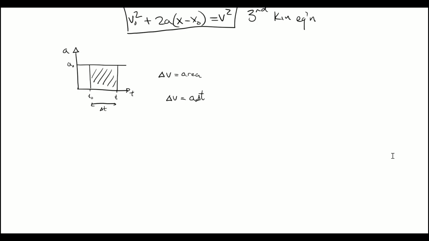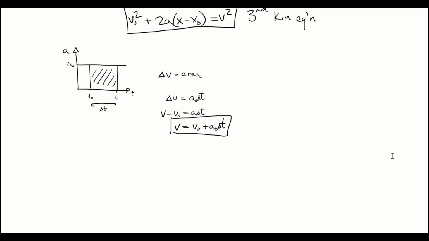If I want to write this in terms of v minus my initial velocity, I get the exact same equation that we just derived. The only difference is the way I'm writing this. In the above calculus derivations, I was calling the initial time 0, so this delta t would just be the final t, but it's the exact same thing.